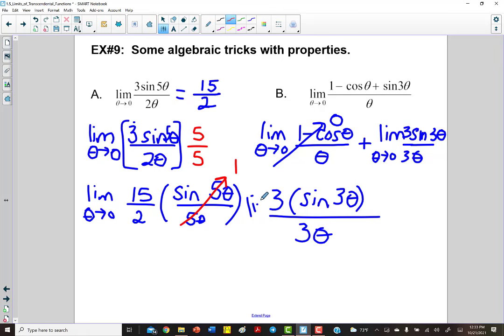And we're looking at the limit as theta approaches 0. So this is going to 1. So we have 0 plus 3 times 1, which gives us the limit at 3. So just a little bit of algebraic manipulation.